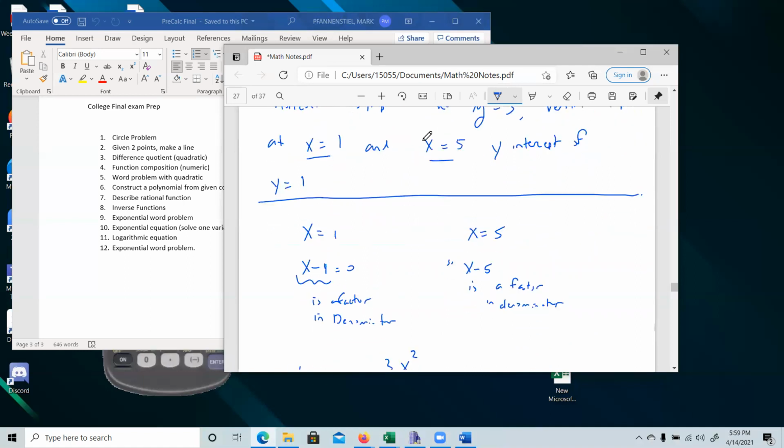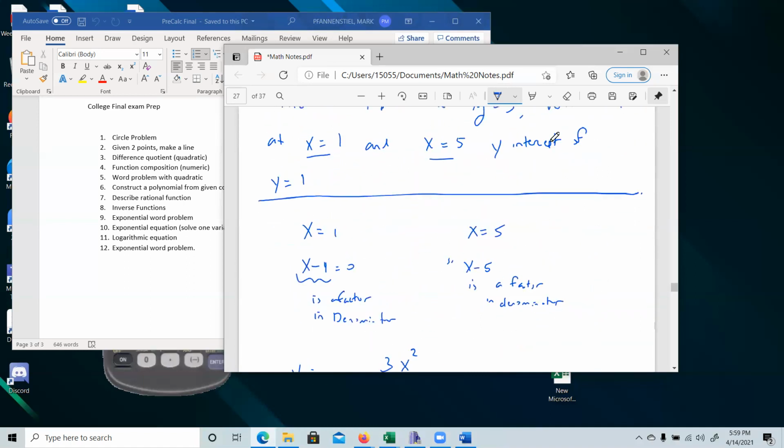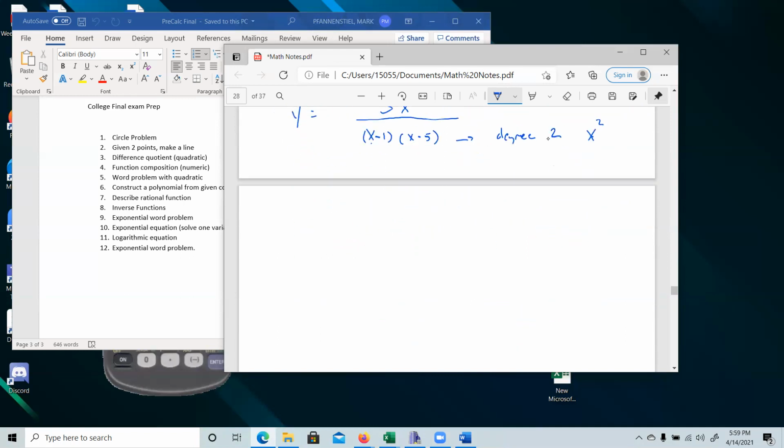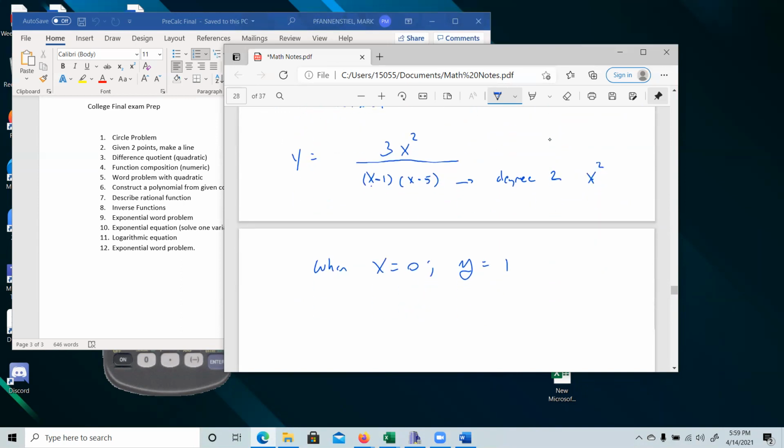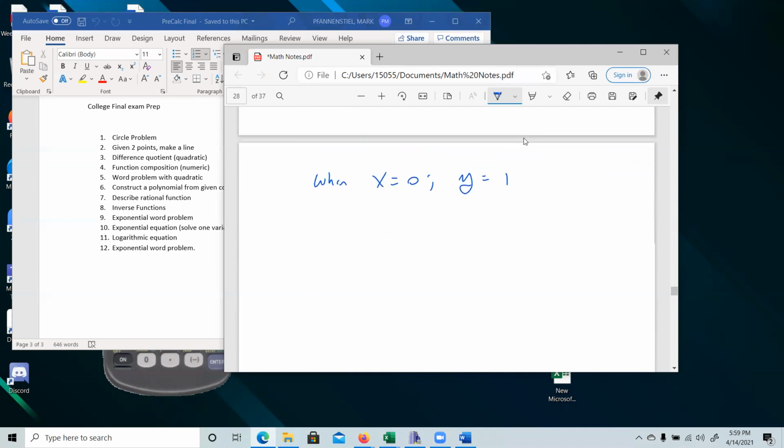Okay. Last piece. We know that the y-intercept is 1. So when x equals 0, y is equal to 1. So what is that going to mean? Well, if I plug in 0 and the whole thing on top is 0, then we get 0 on the top over, I have no care what's on the bottom. So there has to be something else up here. We have to have a 3x squared plus something. Now the top isn't going to be 0.